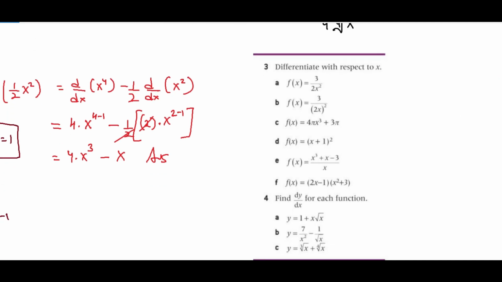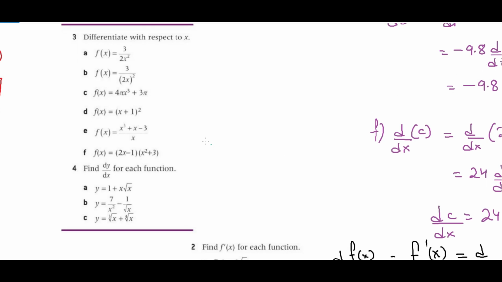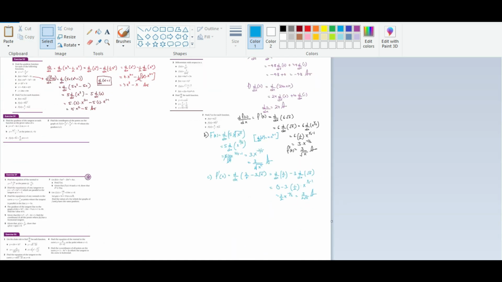Differentiate with respect to x. These ones need to be simplified. Let's copy them and solve them in a different portion here, where it is quite easy to solve.